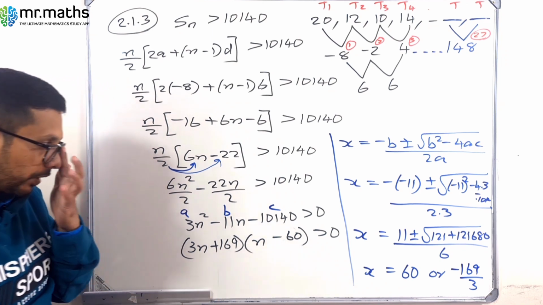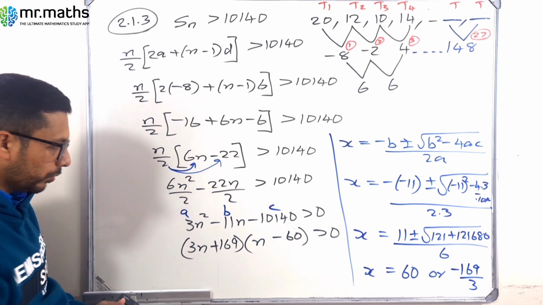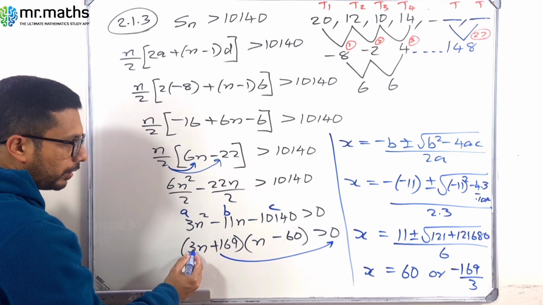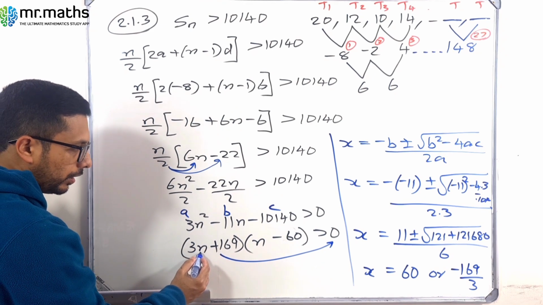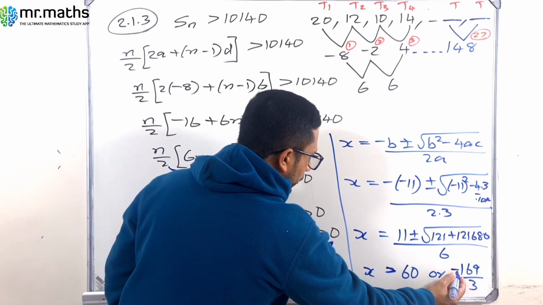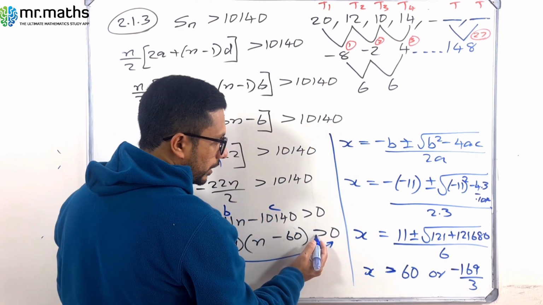So can you see this one, guys? In this method also, look at this one. Here 3n is greater than 0. Here we are supposed to write greater than, because here the symbol is greater than.